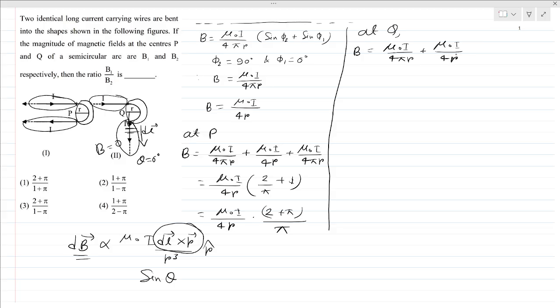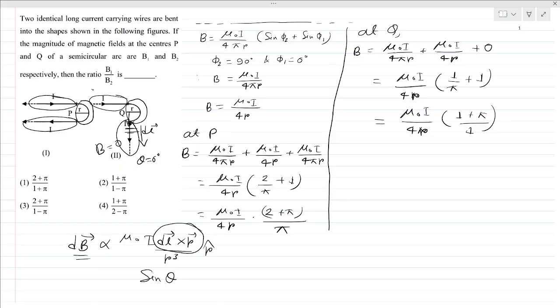So only two terms are there, and if I take a common factor of mu 0 I by 4r, then we have 1 by pi plus 1 equals mu 0 I by 4r into 1 plus pi by pi.